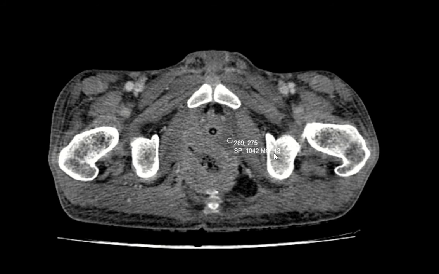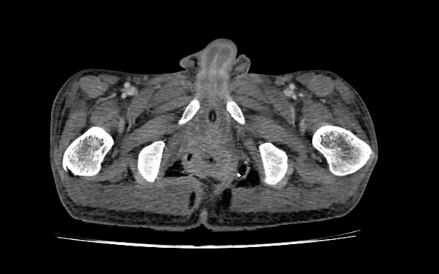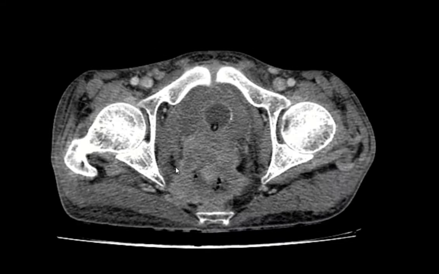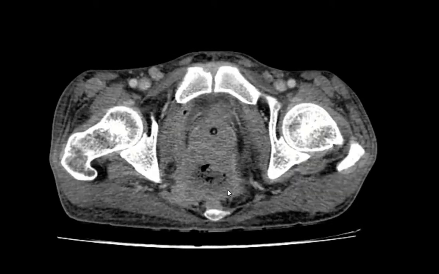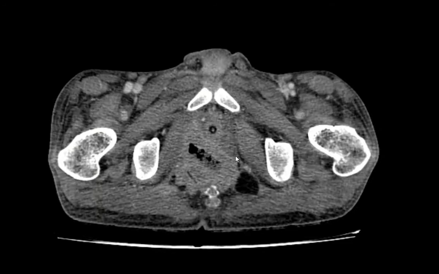You can see the mean value is around 18, so that's a hypodense area around the prostate. That's also suggestive of a prostatic abscess, which is likely happening because this perirectal lesion, which is likely an abscess, is involving the prostate, so causing a prostatic abscess as well.